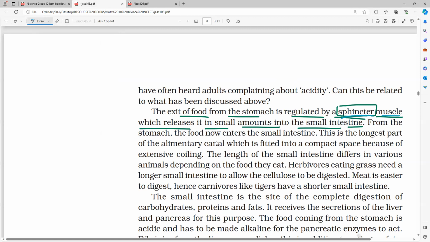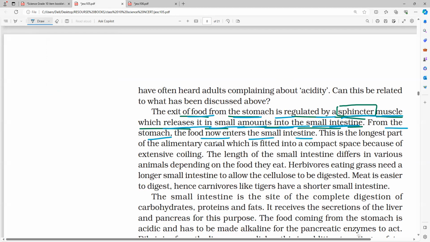The exit of food from the stomach is regulated by a sphincter muscle, which releases it in small amounts into the small intestine. From the stomach, the food now enters the small intestine.